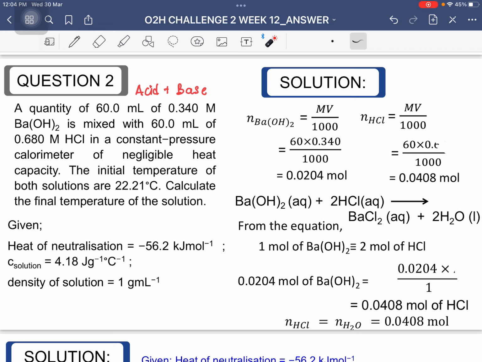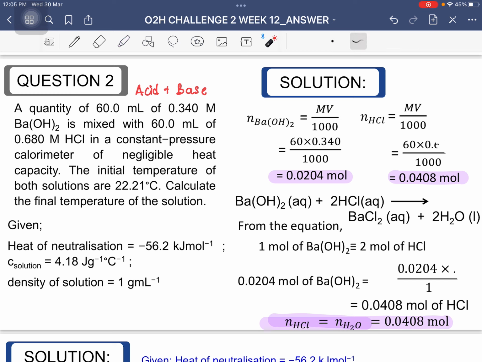So kat sini kita tengok kalau kita tindak balaskan semua barium hydroxide ni, mole of HCl yang diperlukan adalah 0.04 dan kita memang ada 0.04 mole. Maksudnya at the end of the neutralization, sebanyak 0.024 mole barium hydroxide habis digunakan dan HCl pun habis digunakan. So amount of water is depends on the number of mole of HCl.